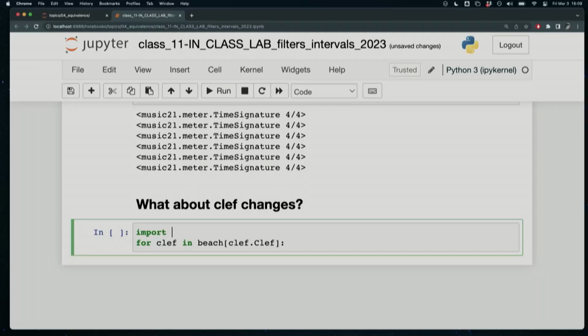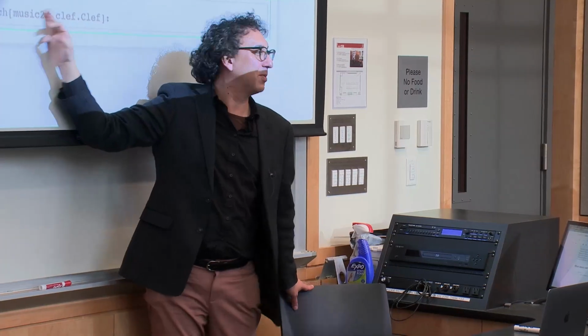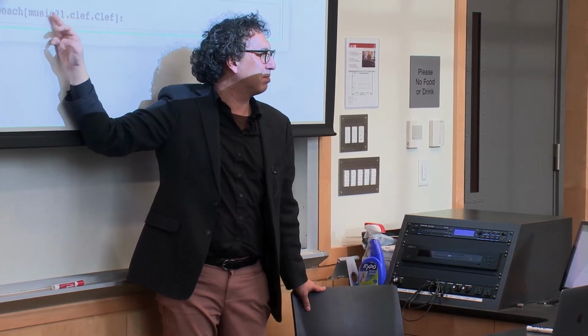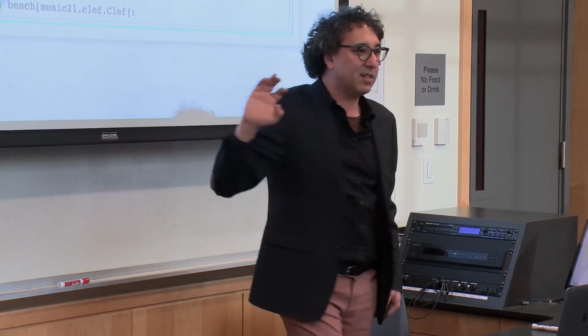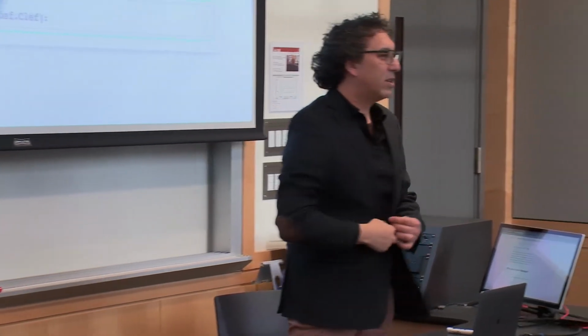Some people who hate that, I recommend importing all of music21. So you could do this if you wanted, and then clef is only referenced with a prefix of music21, and some people really insist on that. You might have a friend who talks about don't pollute your namespace with things you don't know, which can be pretty good advice.